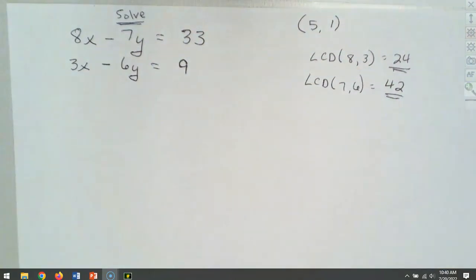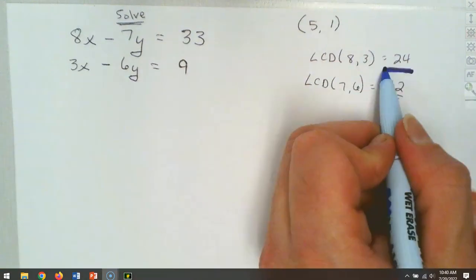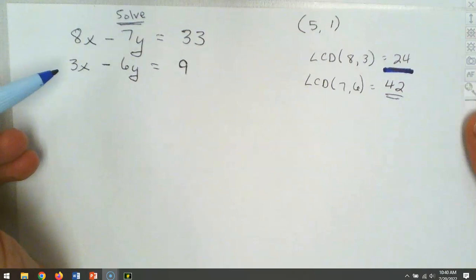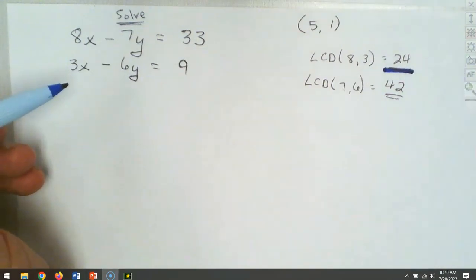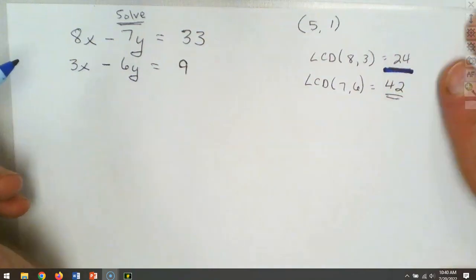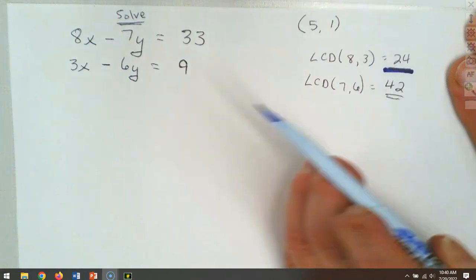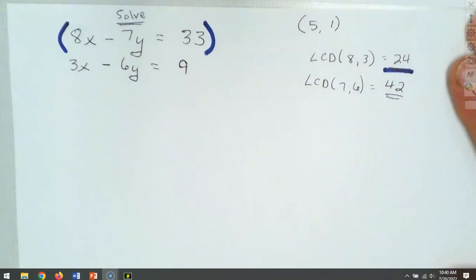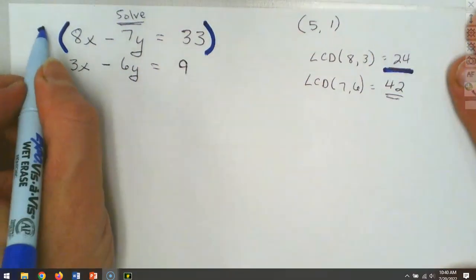Our goal is to make sure that these x's, because we're going to eliminate for x because it's got the smaller values, are the same number and opposites in sign so that one variable is eliminated. Now, you told me that the least common denominator of 8 and 3 was 24. So what do I need to multiply 8 by to make it a 24? 8's got to get multiplied by 3.